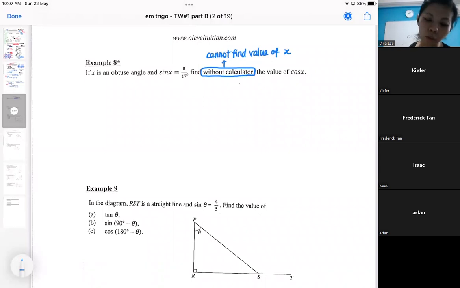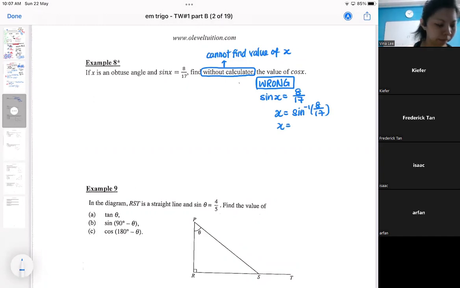So I'm going to show you what is wrong. This is the one that gave you 0 marks. So some people will do this. Okay, let me do a quick punching of the calculator.